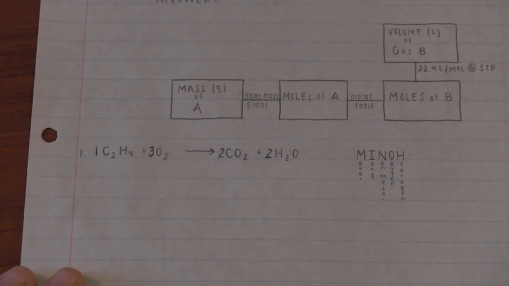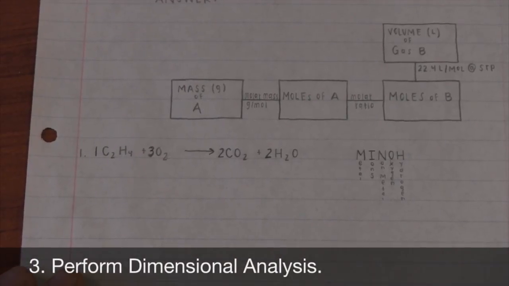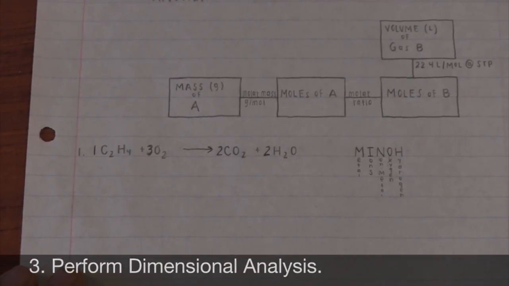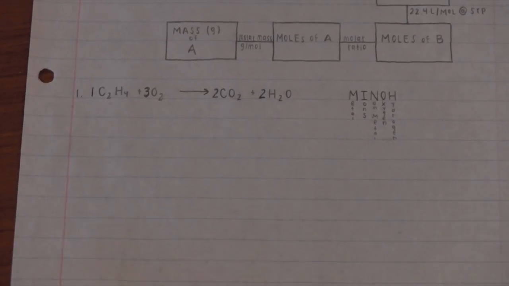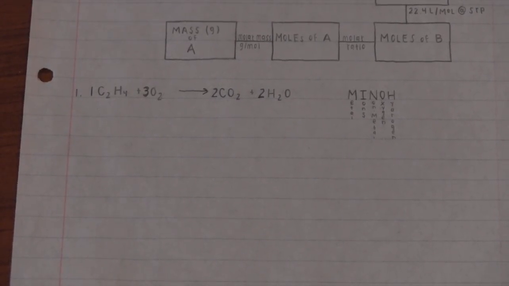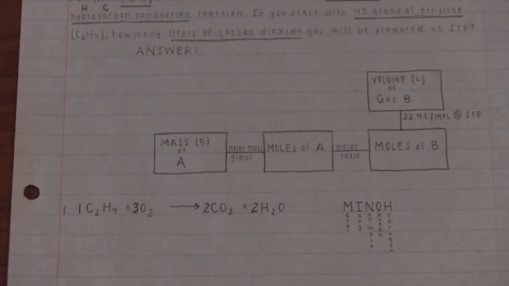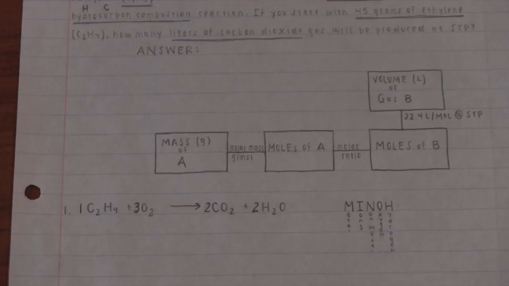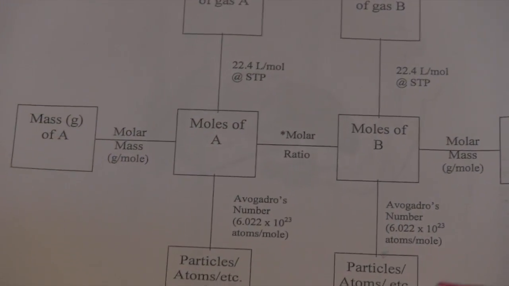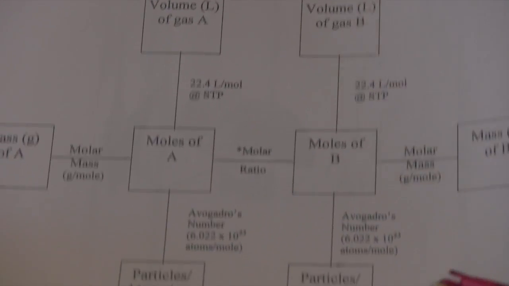Now you are ready to begin setting up your dimensional analysis part of the stoichiometry. Here is the chart you will need to reference regarding the things you are looking for and things you have in the reaction. This chart, however, is much bigger, but is reduced for the purposes of this video.